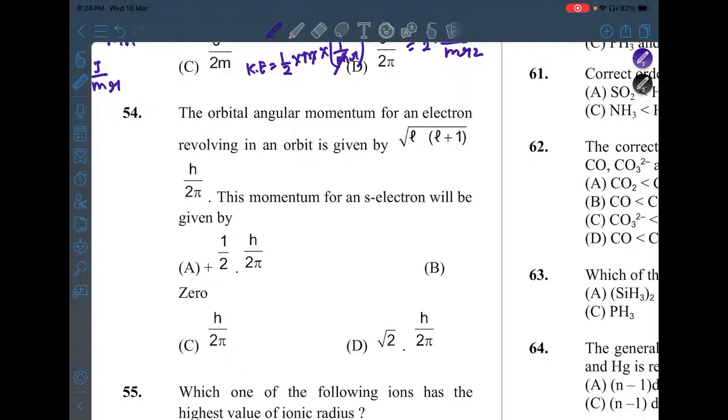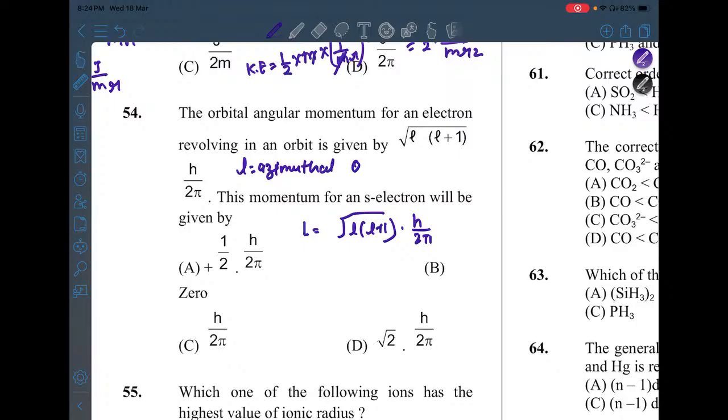The question says the orbital angular momentum of an electron revolving in an orbit is the square root of l(l+1) times h by 2 pi. The momentum for an s electron will be given. So we have to calculate the angular momentum of an s electron. Here L is the azimuthal quantum number.